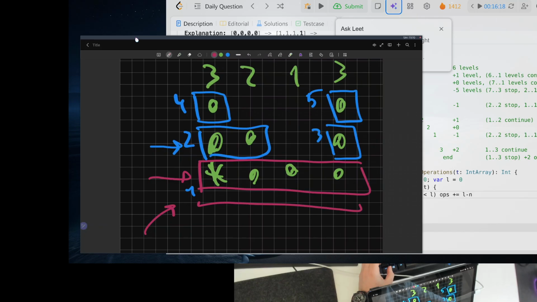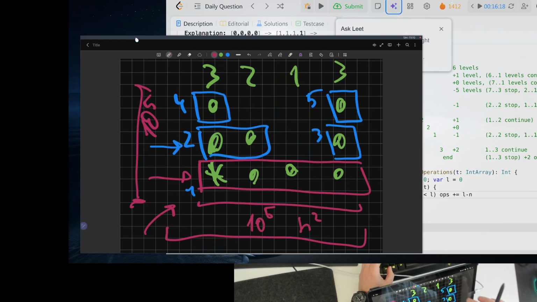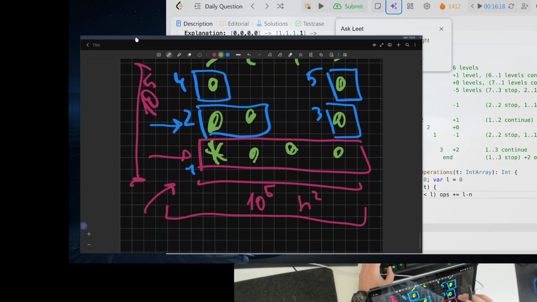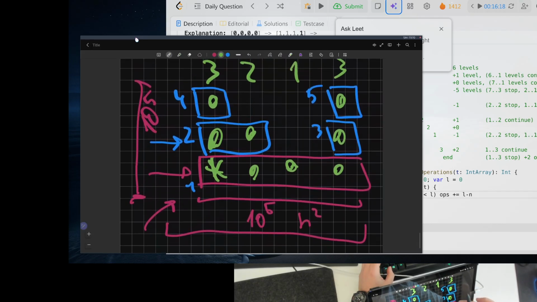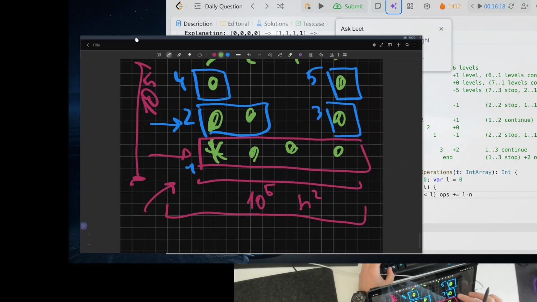Again, you can't scan these levels, because the height of this pyramid is 10 to the power of 5, and the length is also 10 to the power of 5. You can't brute force it, it would be n squared. So you have to invent some linear solution, or maybe not linear, but n log n would also be accepted, but not n squared.